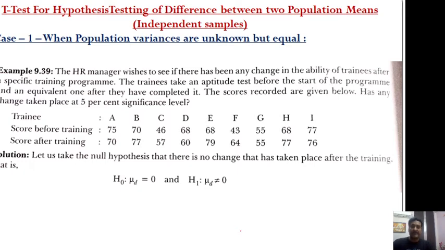The trainees take an aptitude test before the start of the program and an equivalent one after they have completed it. The scores recorded are given below. Has any change taken place at 5% level of significance? Before training the scores are given, and after training you have given the scores.